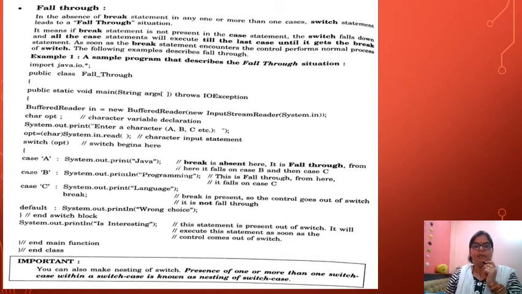So it means A and B are part of a fall through. Break is absent here, so it falls on case B, then on case C. When we execute from one case to another due to the absence of a break statement, it is known as a fall through.